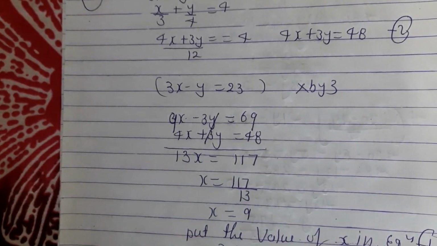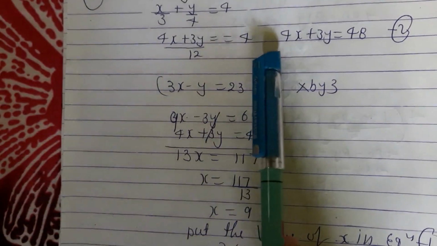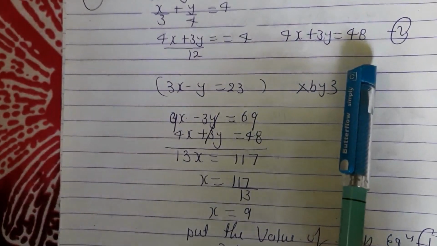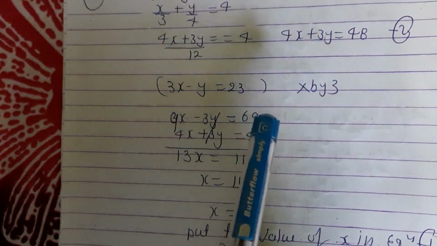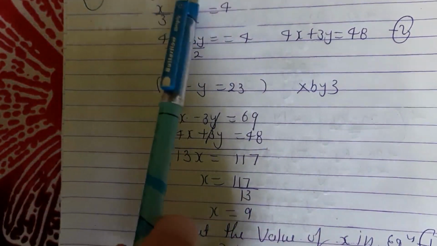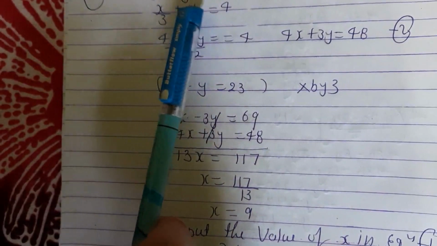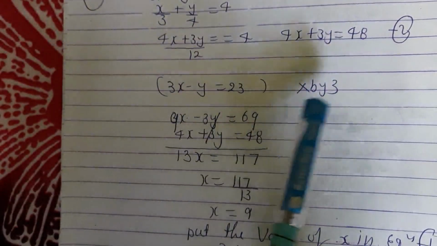So we have two equations: the first one is 3x minus y is equal to 23, and the second one is 4x plus 3y is equal to 48. In the first equation we have 3x minus y. How will y become equal to 3y? In the first equation we will multiply by 3.